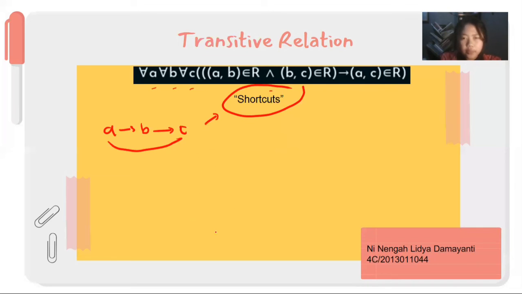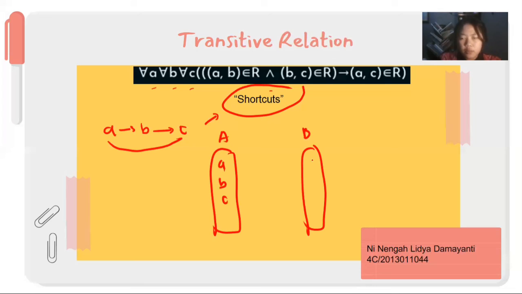Take the same example. Set A is a, b, c, d. Set B is a, b, c, d. Okay, if we have an arrow from a to b, and then b to c, we must have an arrow from a to c.